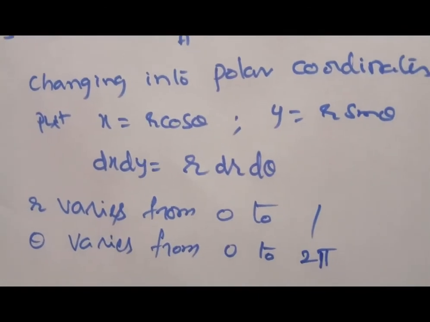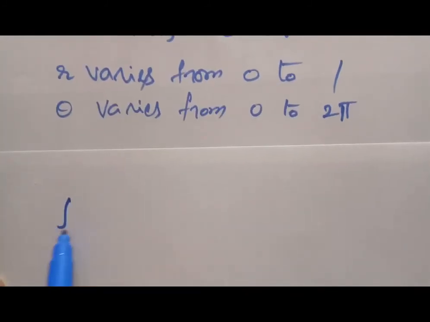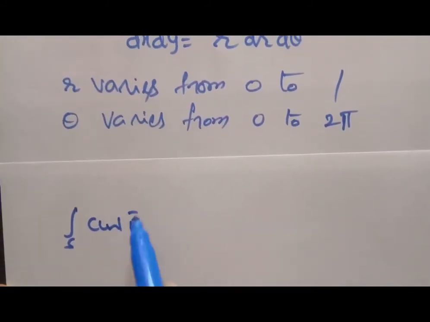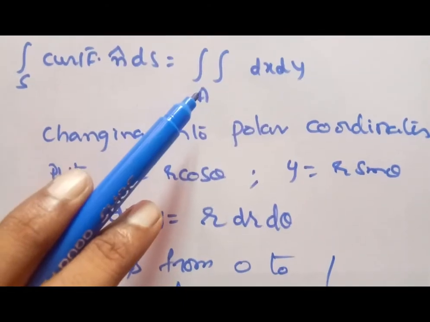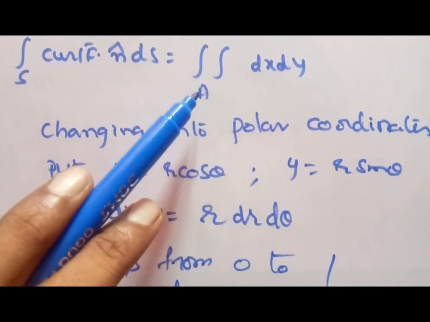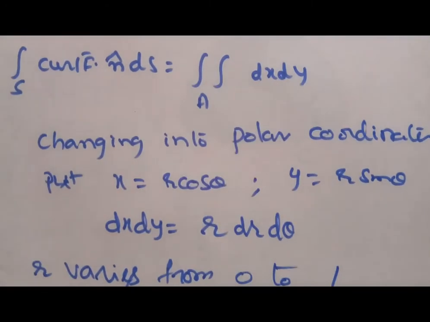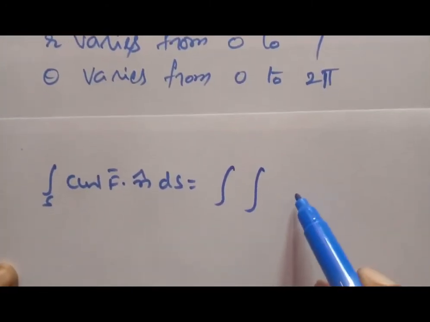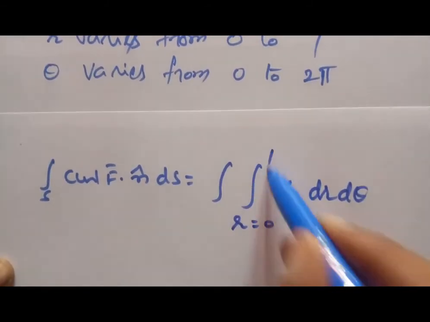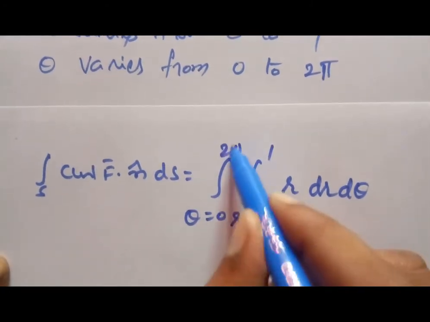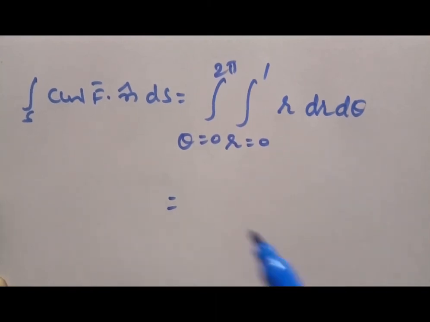Therefore the integration becomes the integral over S of curl F bar dot n cap ds, the double integral over A of r dr d theta, where theta varies from 0 to 2 pi and r varies from 0 to 1. Both limits are constant, so we can integrate with respect to r or theta first.